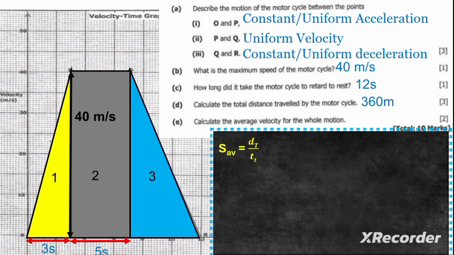The total distance we found is 320, and the total time is 12 seconds.